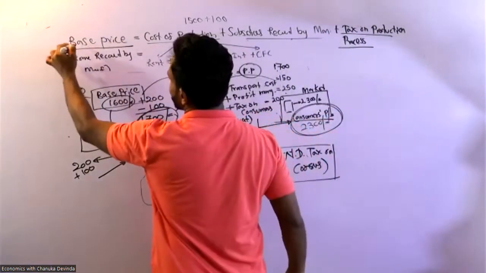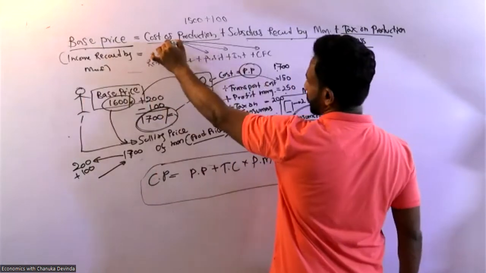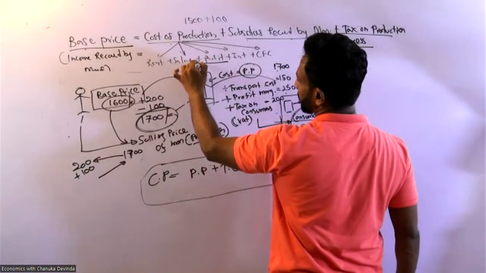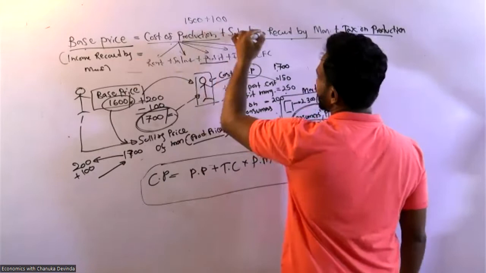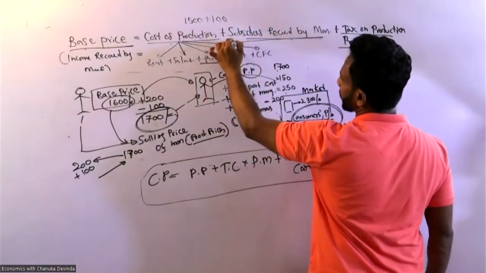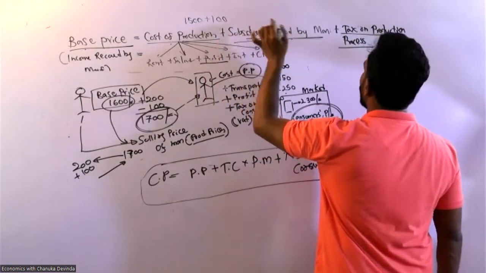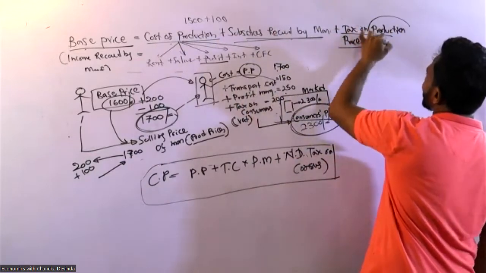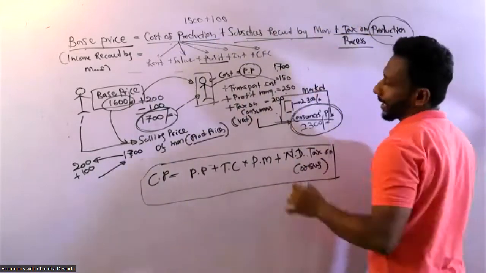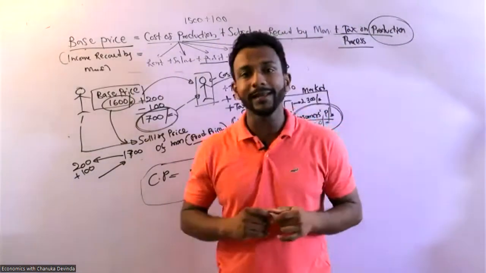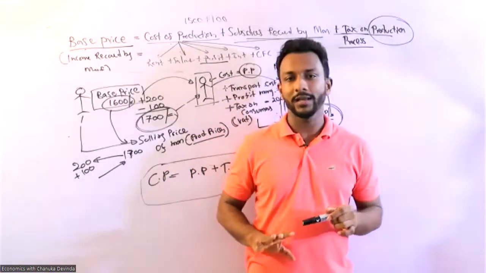So the base price includes the cost of production, including the profit margin of the producer, subsidies received by the producer, and also any tax on production. Tax on production and tax on products are two things, right?